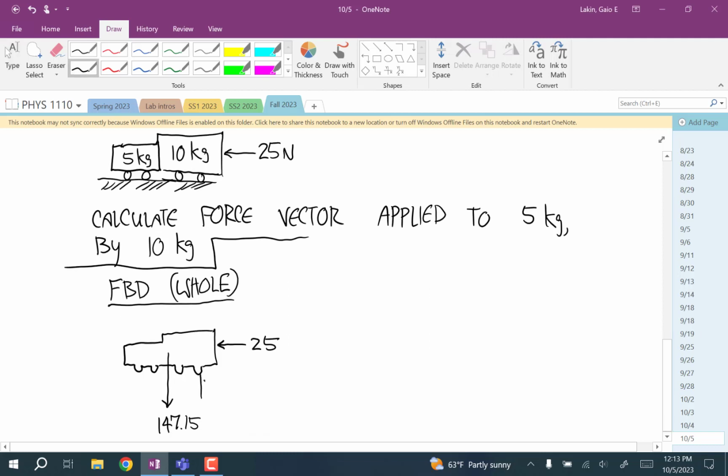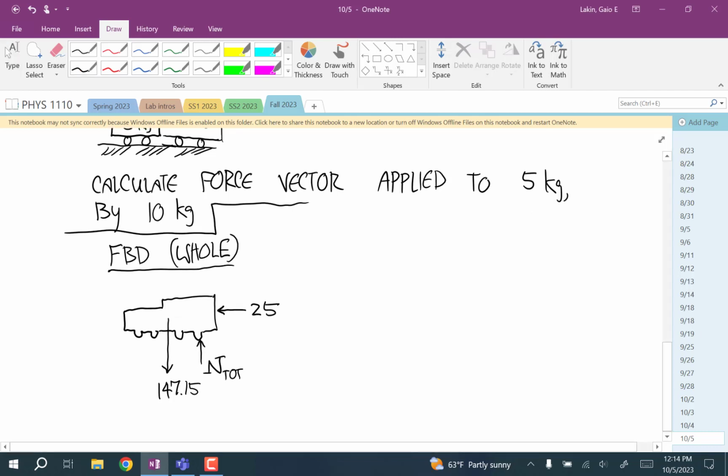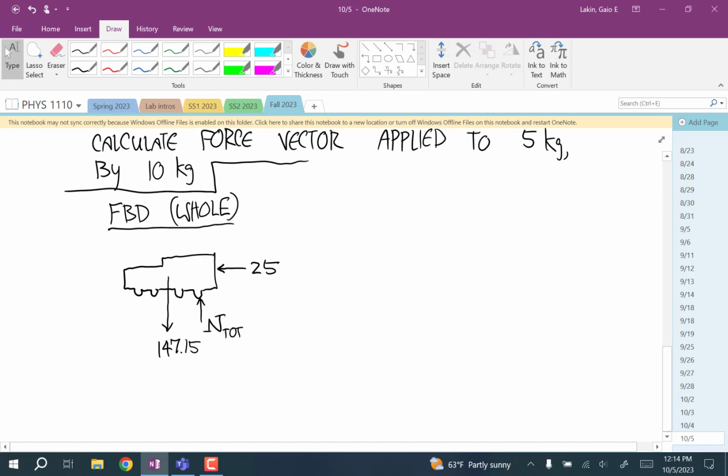So I'll call that N total, which is just a variable name. I use those subscripts so I can call different things N's and still have them be different variables. And now go to Newton's second law. We have the downward force of 0, negative 147.15.